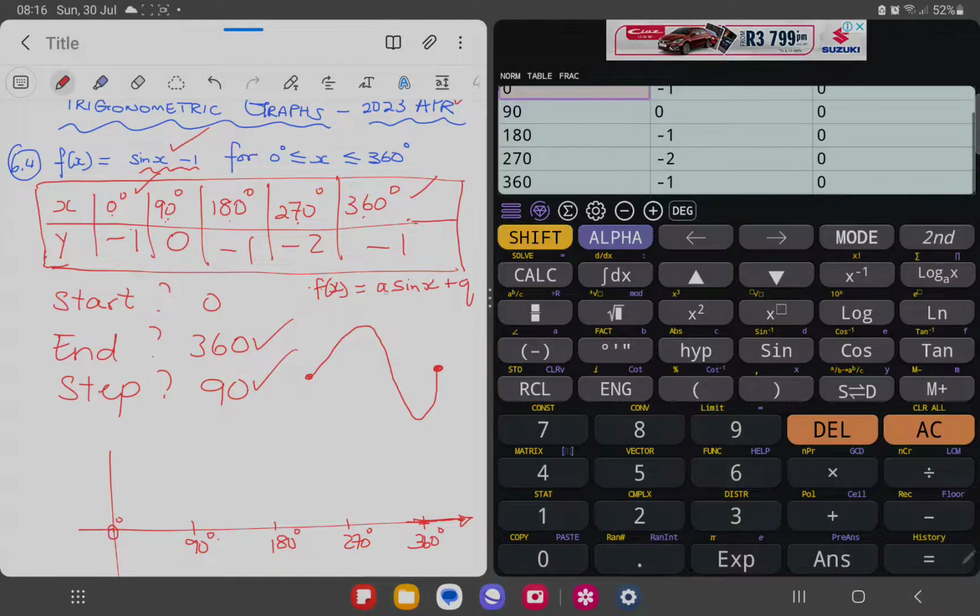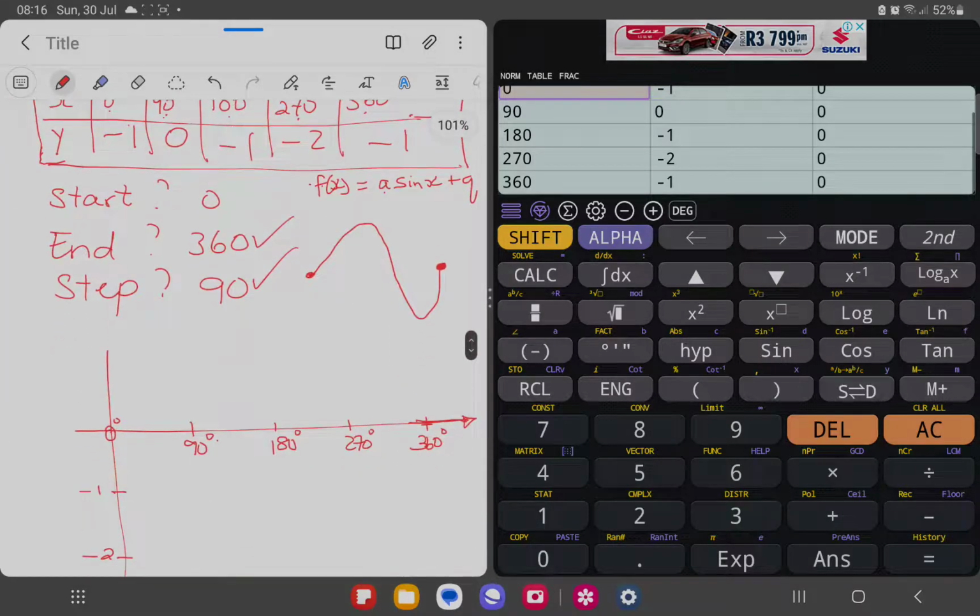So the value of a here is positive, so this is the shape that we're going to get. This is the starting point, and then this is the end point. Now you'll be given the skeleton or the graph paper. Otherwise, if it's not given, you can use your ruler to have a neat sketch.